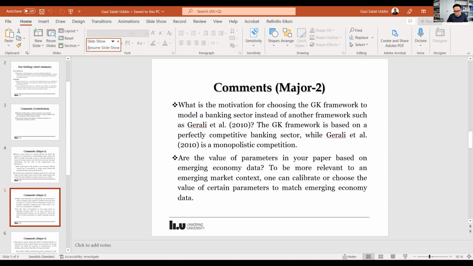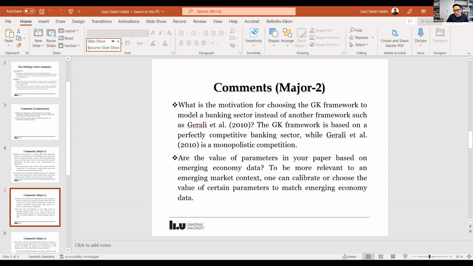I encourage people, it should be a great paper if you modify the framework of Shirley also. The parameters are calibrated mostly based on the model of Aoki and Kiyotaki, which was built for emerging markets.